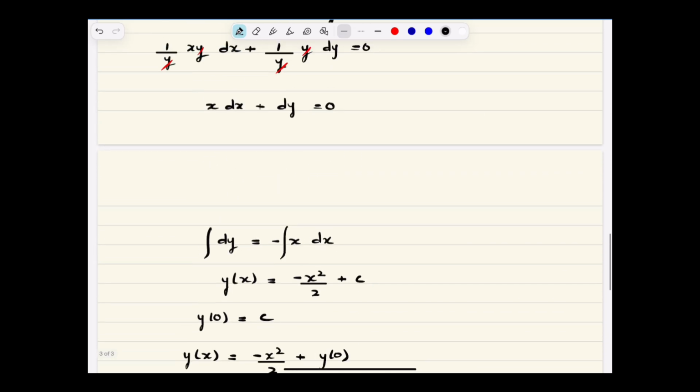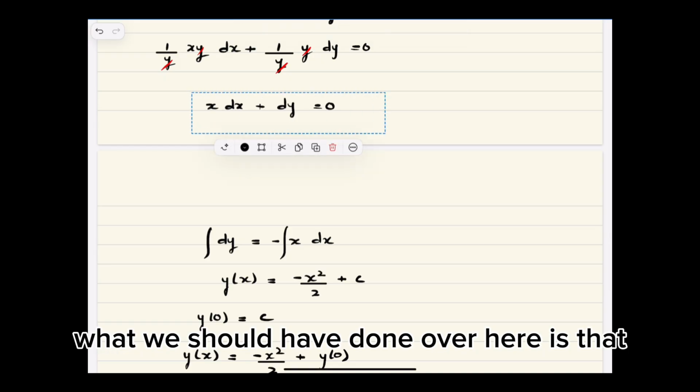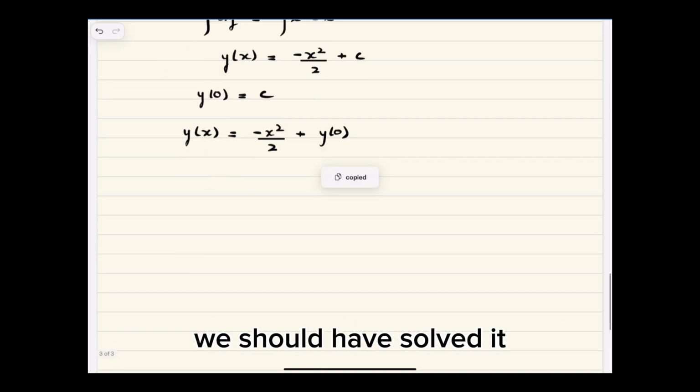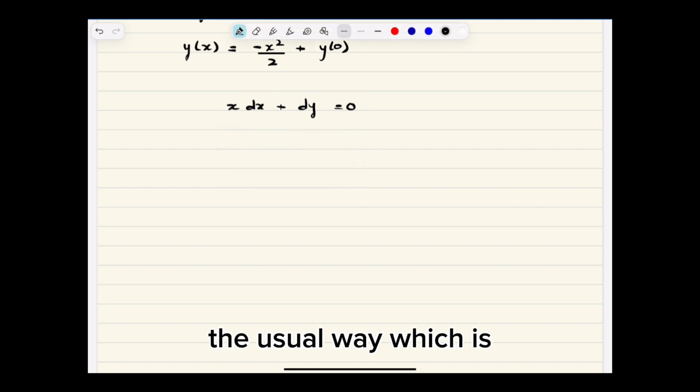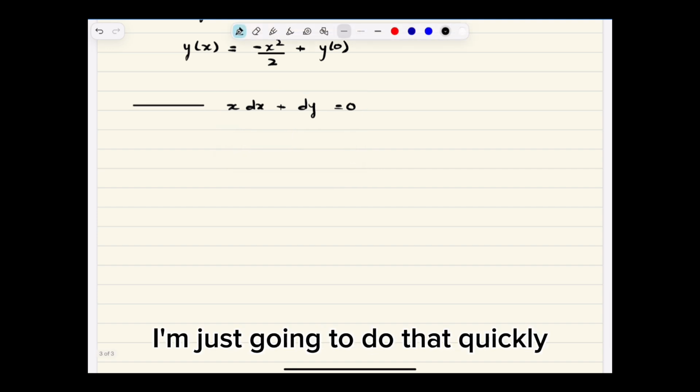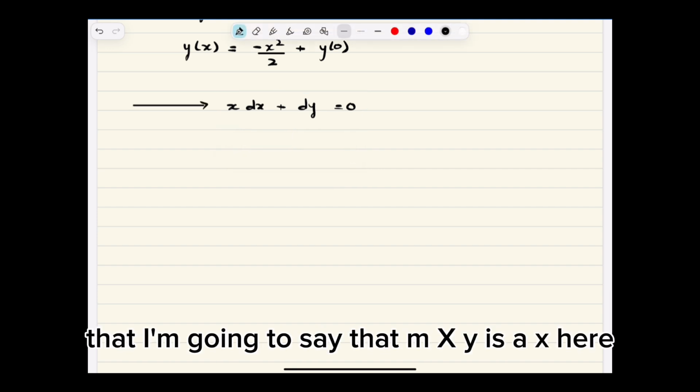And basically what we should have done over here is that we should have solved it the usual way, which is, I'm just going to do that quickly. M of x y is x here.